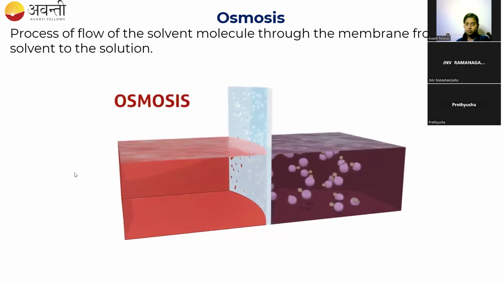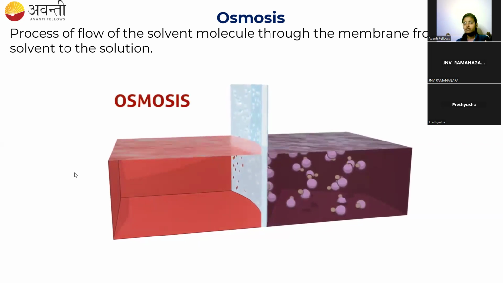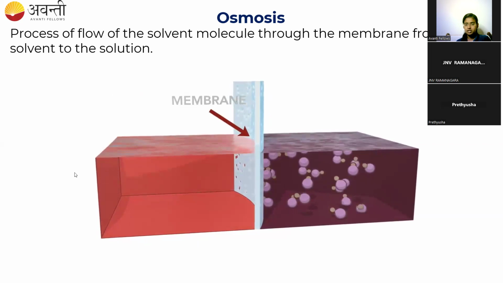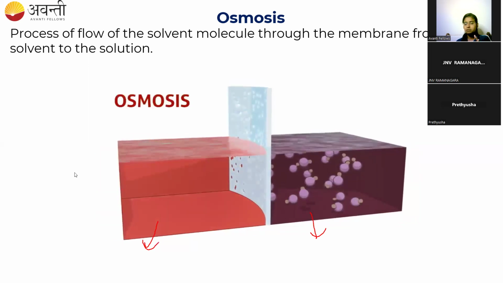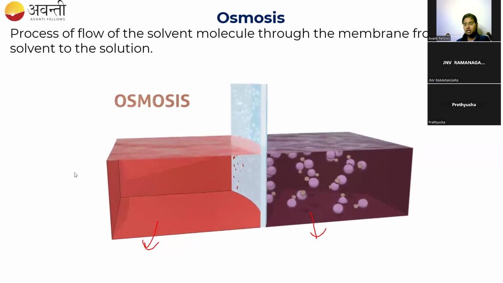This is nothing but osmosis. The first half is the solvent side, and this is the solution part. And we have a membrane at the middle, which is separating the solvent and the solution.